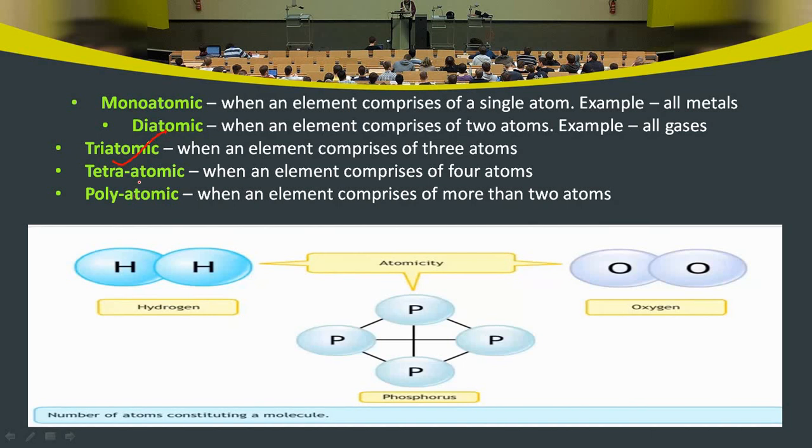Triatomic means 3 atoms are joined together. Tetra means 4, and polyatomic means more than 2. So hydrogen is diatomic, oxygen is diatomic, but phosphorus is polyatomic because 4 atoms of phosphorus make one phosphorus molecule. That's why it is also called tetraatomic.